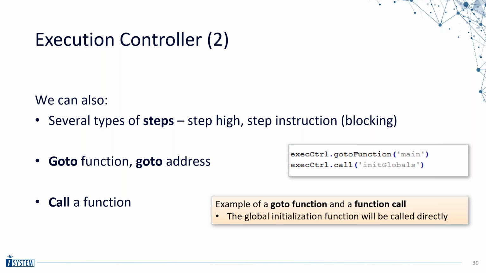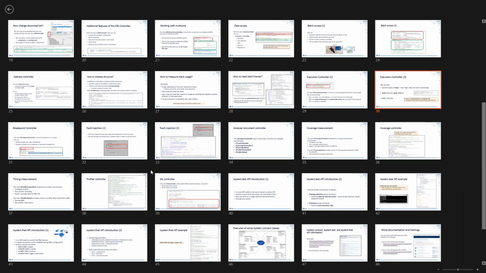We have also possibility to use go to. It means we can stop the execution. We can completely jump to some other part of the code, but of course, we should know what we are doing because we can easily crash the execution, but still it's possible to use this with the Python.